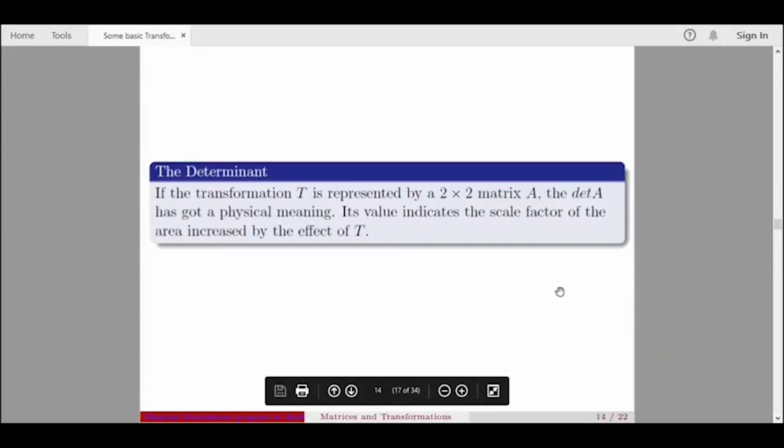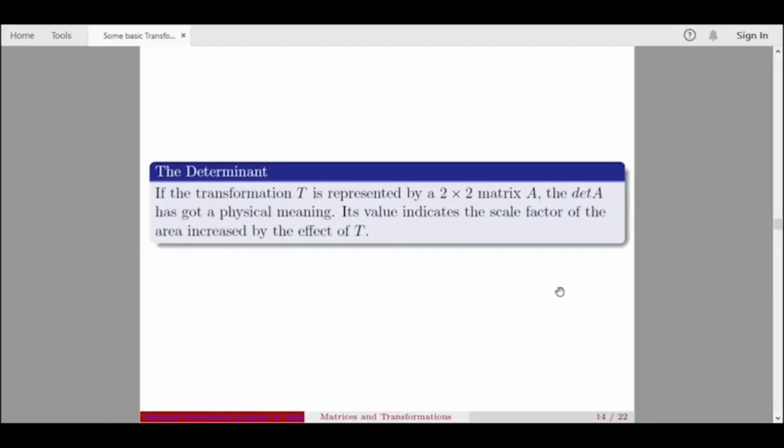Now we will see something important about the determinant of the matrix. If the transformation T is represented by a 2 by 2 matrix A, then the determinant of A has a meaning. Its value is the scale factor of the area increase by the effect of T. If the determinant of A is negative, you have to take the modulus value.